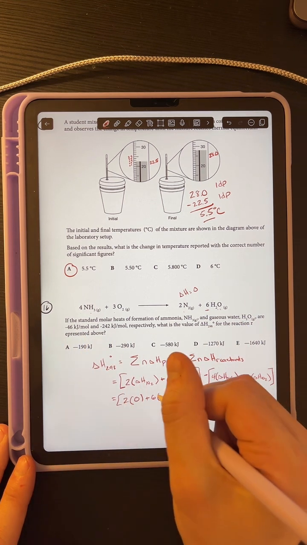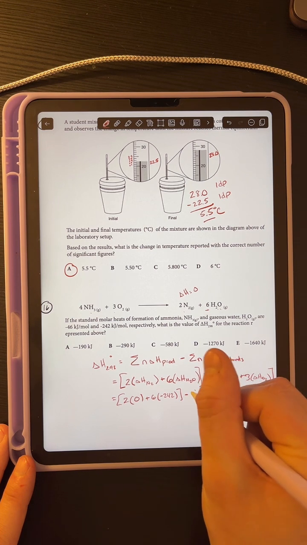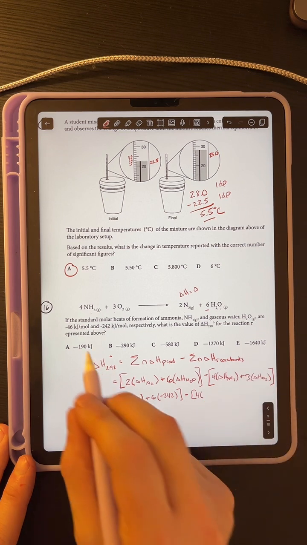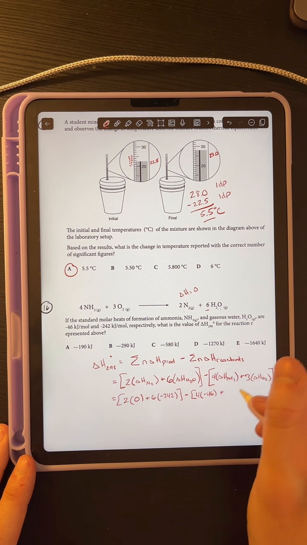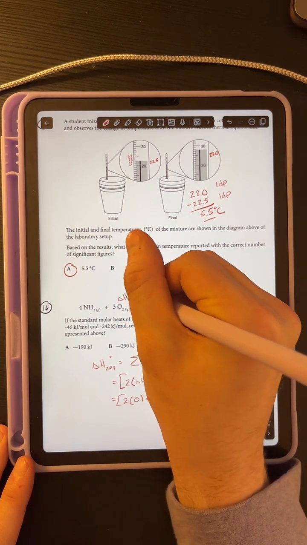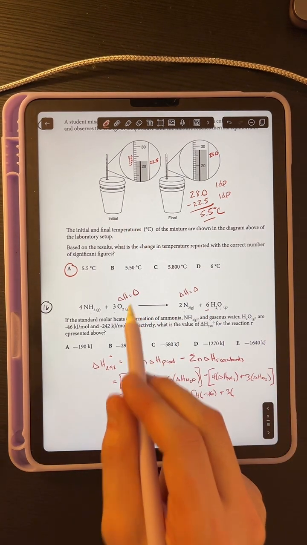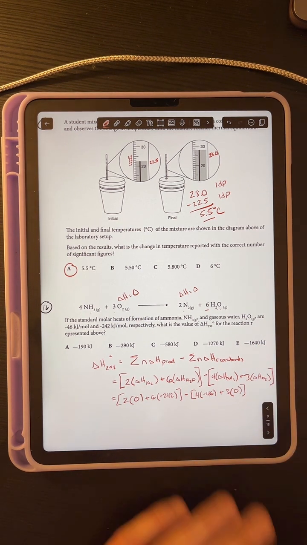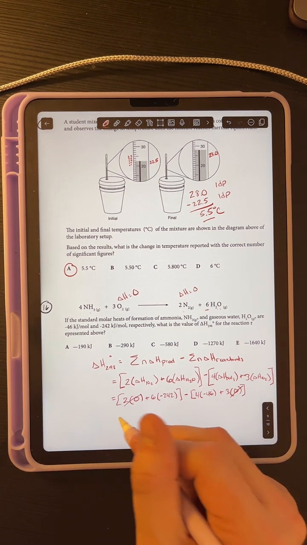Water is the second one, so negative 242, minus our 4 times NH3, which was the negative 46, plus 3 times O2. Again, our delta H for O2, because O2 is in its elemental form, is going to have a standard enthalpy equaling 0. And look at that. It just got so much easier, because that's 0 and that's 0.